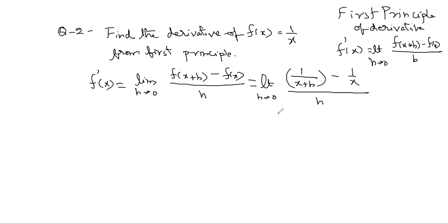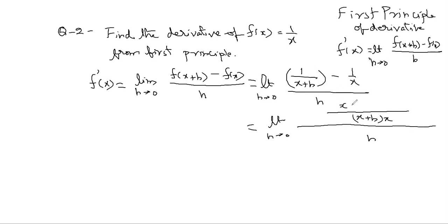Now take the LCM. Limit h tending to 0. This denominator h we are writing here. Now we are taking the LCM in the denominator of the numerator, x plus h into x, and this x will multiply with this 1, and x plus h will multiply with minus 1, so minus x minus h, so x and minus x cancel.